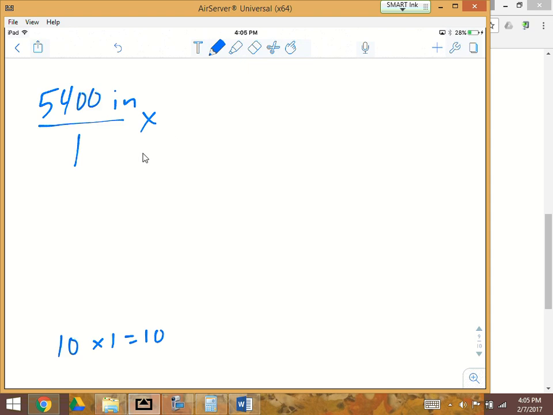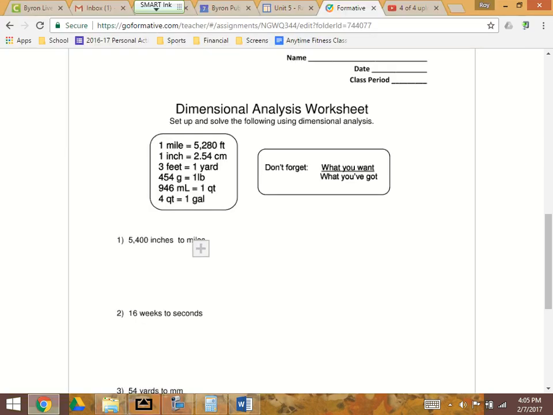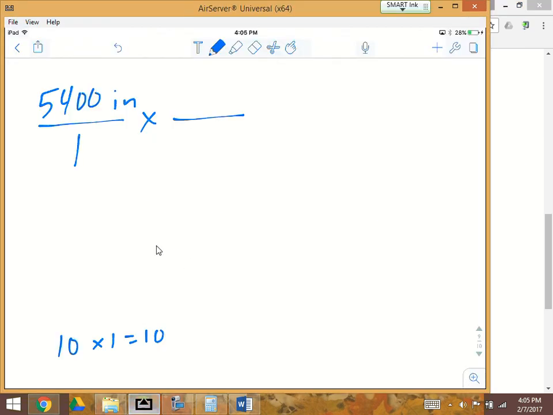Okay. So I'm going to put another fraction line here. Now, we want to get rid of these inches because we want our final answer to be in miles. So I want to put inches down here, okay? Because I want to eventually get rid of these inches, and I'm going to multiply by 1. So think about, well, if I have inches, think of something you know.